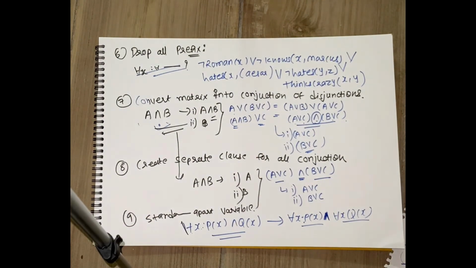Are you getting this? So this is called standardize apart the variables. Whatever variable has a quantifier, that quantifier should be separated. Earlier we had a quantifier, now we are going to separate it.